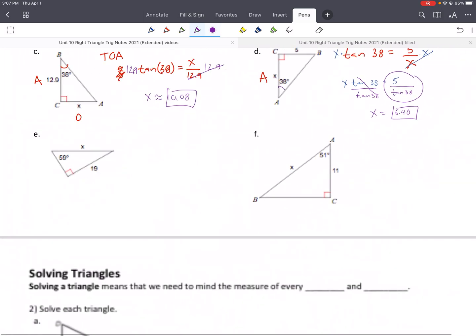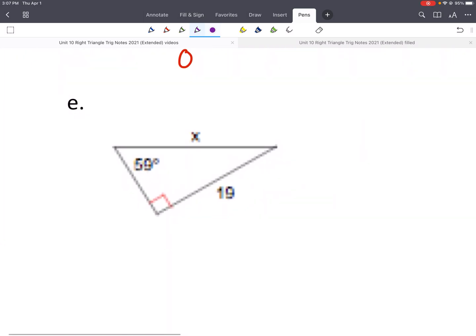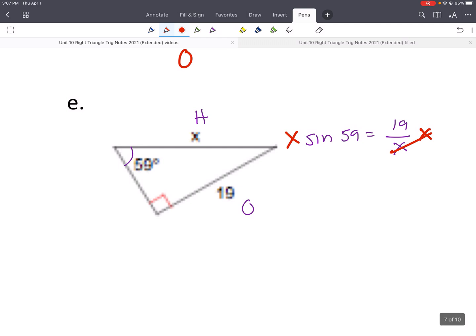Let's do one more like that, or pause and give this a try. So we have opposite and hypotenuse, that's sine. So sine of 59 is equal to opposite over hypotenuse. So again, we'd need to multiply both sides by x, and then we would need to divide both sides by the sine of 59.